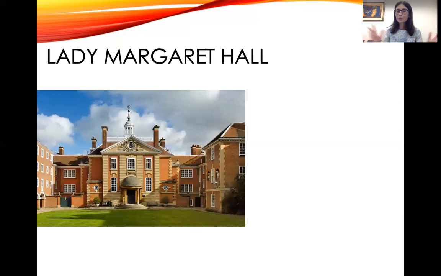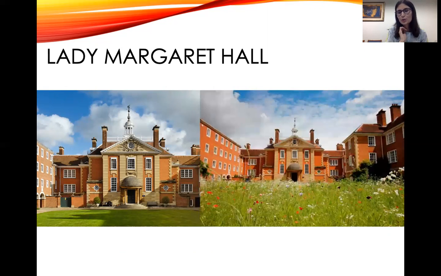All of the wild grasses just came and inhabited the land that essentially belonged to them. Once the refurbishment was over, the administration came and cut down the wildflowers, but then the students stood up and said, we like it better that way. And so now the LMH front quad is a set of wildflowers, which is good for the environment, for your eyes, as well as I think for the insects. So I just wanted to show you that.